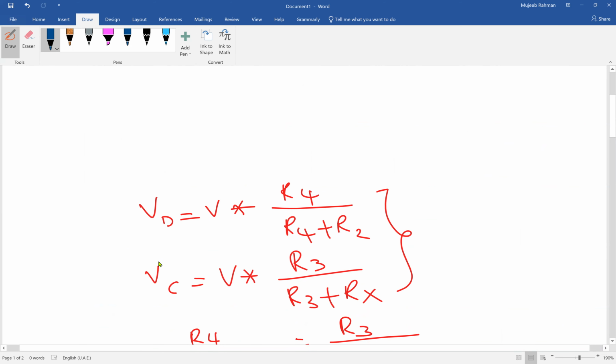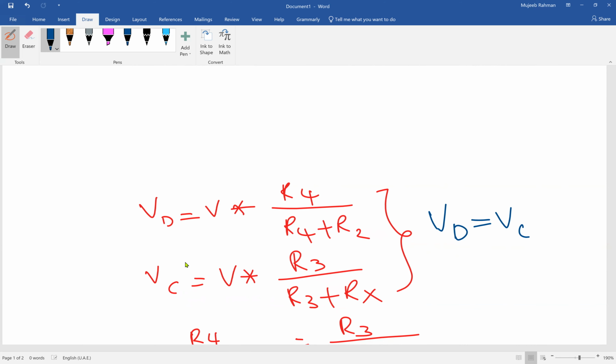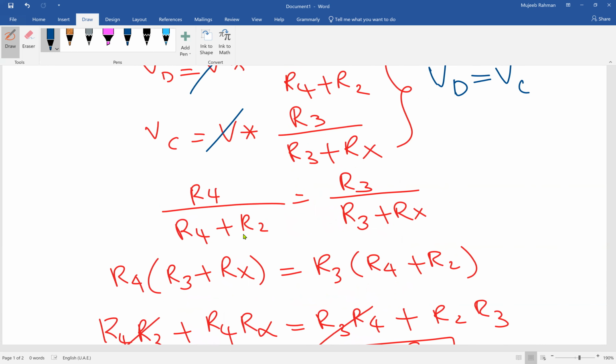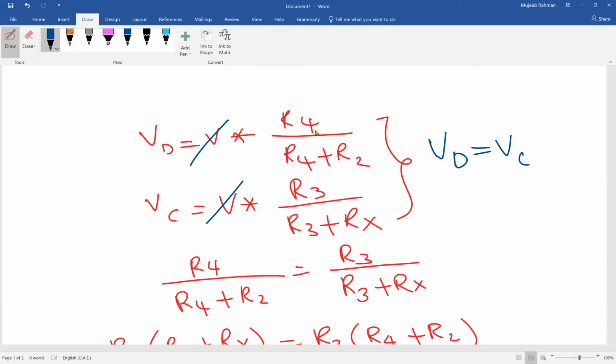Since VD and VB are the same at balance condition, these two equations can be equated. If you equate them, the V terms get cancelled. Then we'll have R4 divided by R4 plus R2 on the LHS, and R3 divided by R3 plus Rx on the RHS.